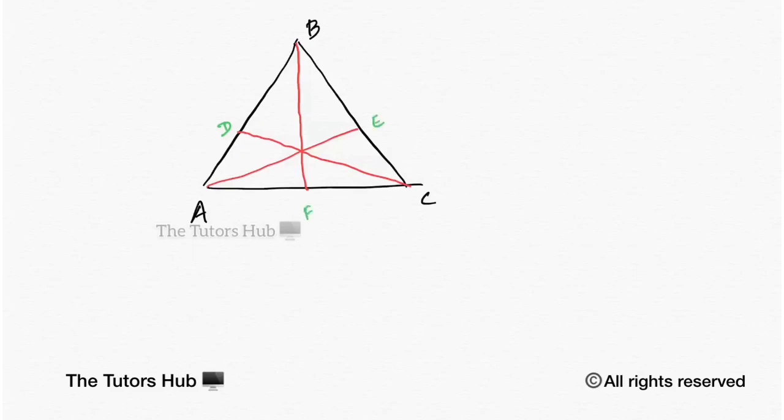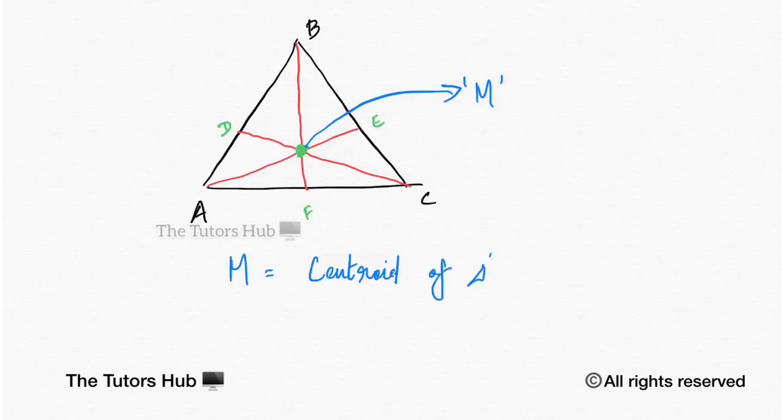I am naming the lines as D, E and F. So this common point where all the medians meet, let it be represented by the letter M. This letter M is the centroid of the triangle. So the common point where all the medians meet is called the centroid of a triangle.